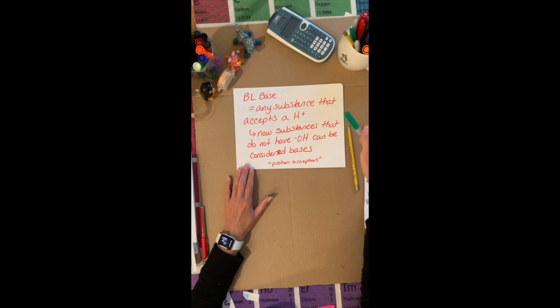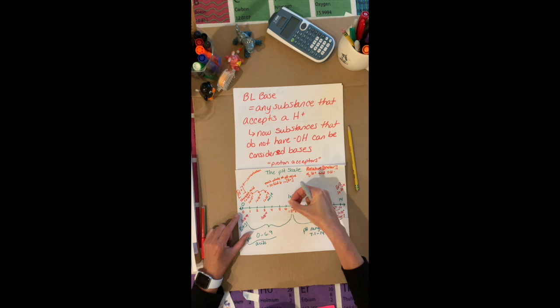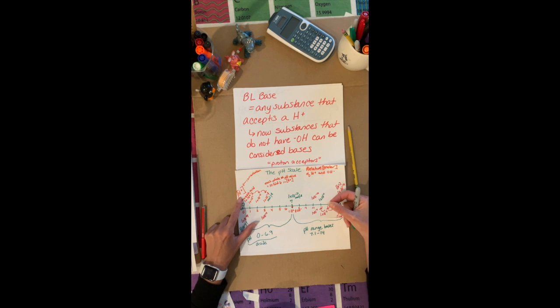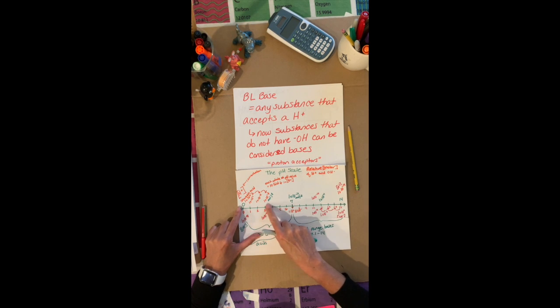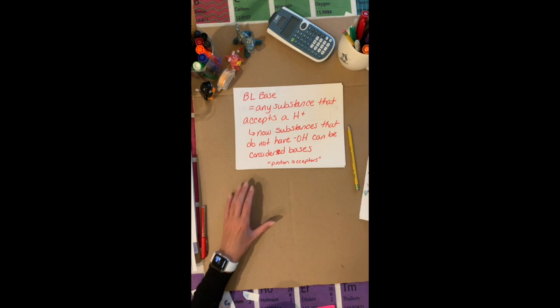Now, when we move on to Bronsted-Lowry bases, the definition is any substance that accepts a hydrogen ion. So a Bronsted-Lowry base is going to take up or accept hydrogen ions, thereby reducing the concentration of those hydrogen ions, making it a base.